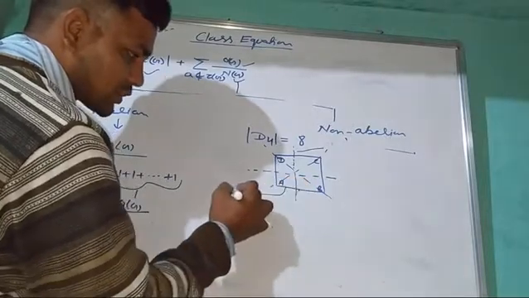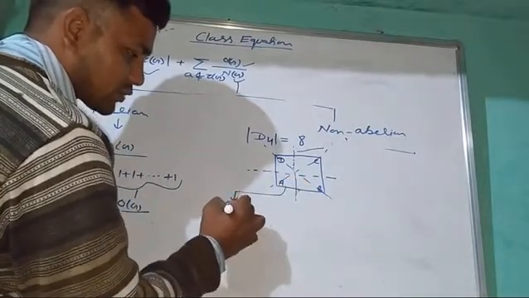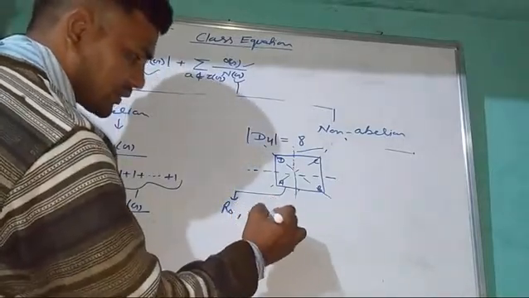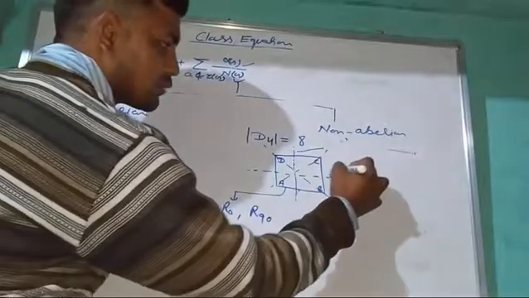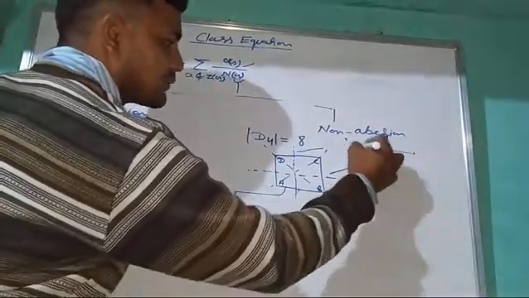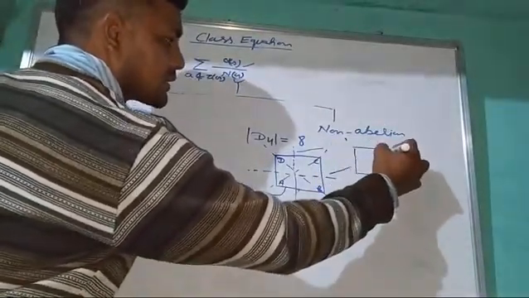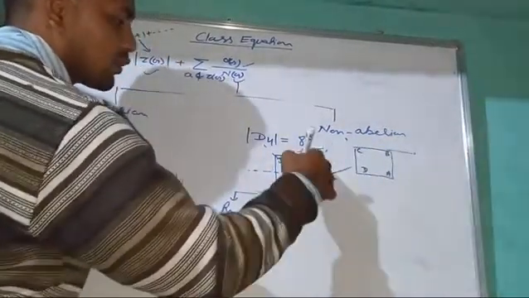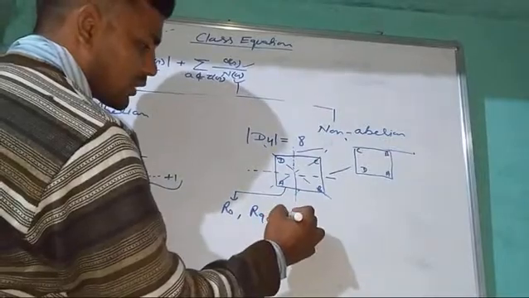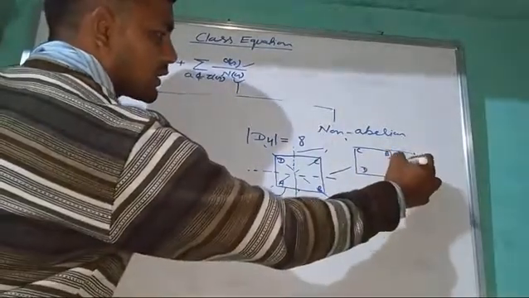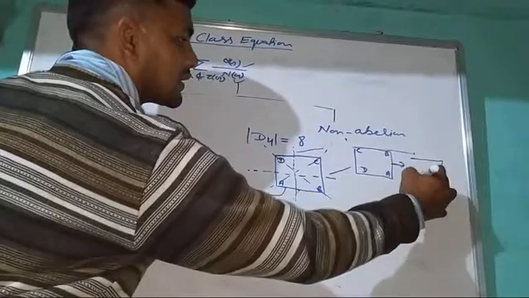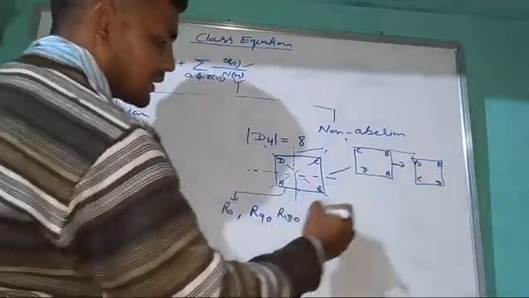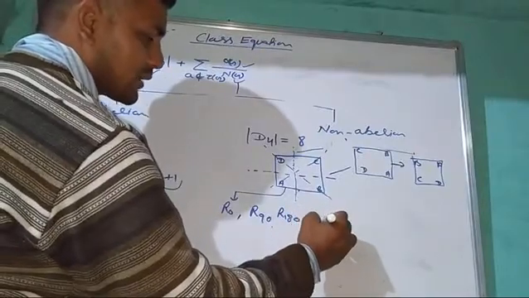This position is R0, there is no rotation. When we rotate it by 90 degrees, we have R90, with vertices A, B, C and D placed accordingly. Rotating by another 90 degrees gives R180, then again R270.